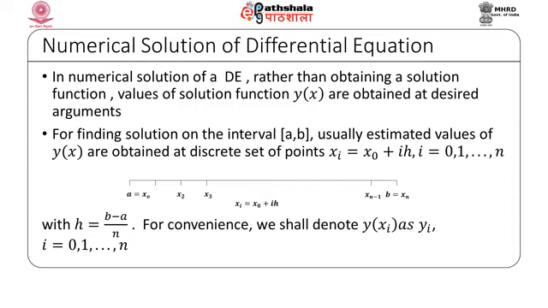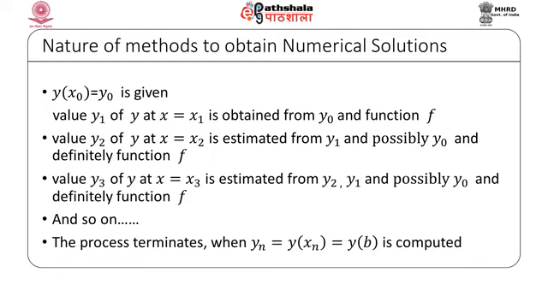We will find the value at x equal to x1, then at x2, then at x3, step by step, at x4, and so on, up to x equal to xn at the point x equal to b.